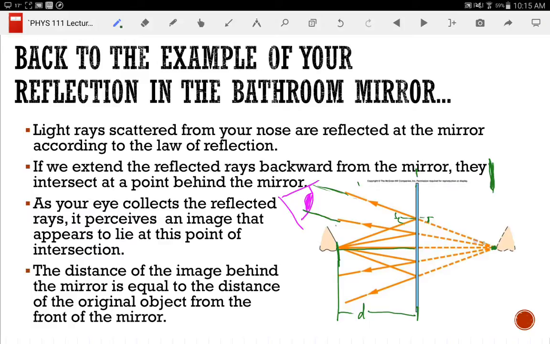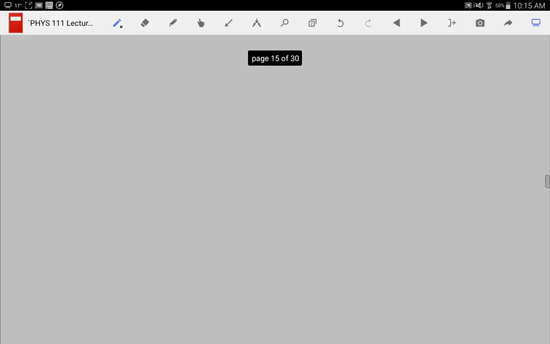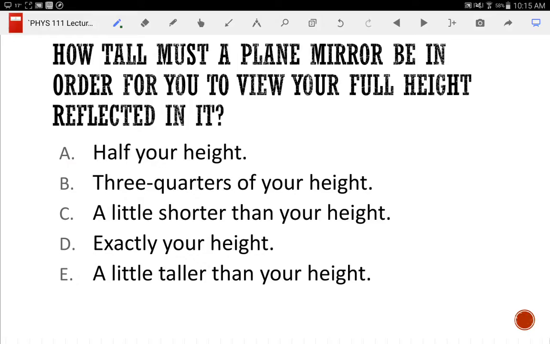And so these dashed rays are doing the same as the rays that were coming off of the nose. And thus, just by symmetry, this has to be the same distance. So when I look into the mirror, I'm going to see the image of the nose behind the mirror, the same distance behind the mirror as the nose was in front of the mirror.